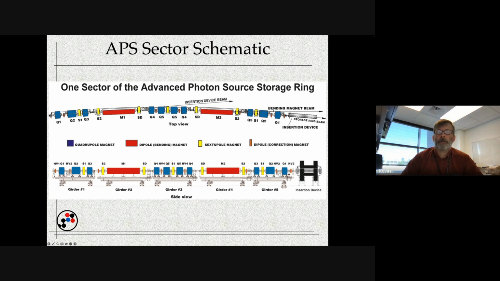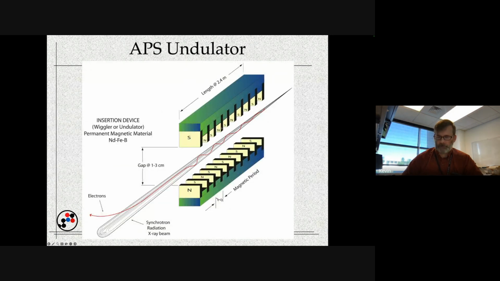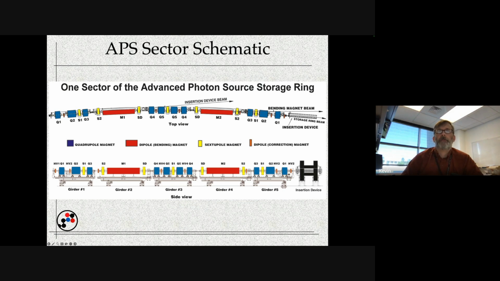So even though we call it a storage ring, it's really not a ring. It's a series of straight sections between these yellow magnets that are marked as SD, and the blue quadrupole magnets.